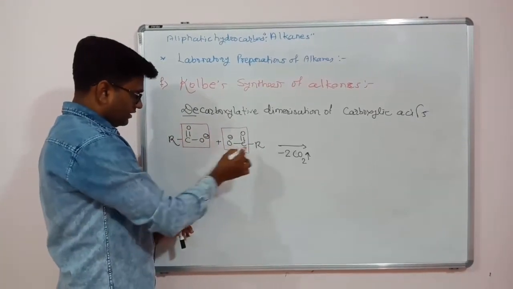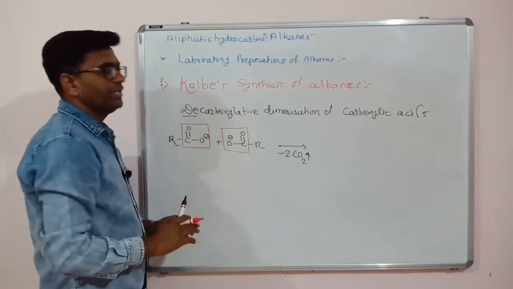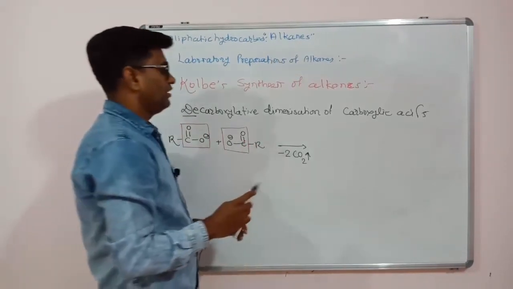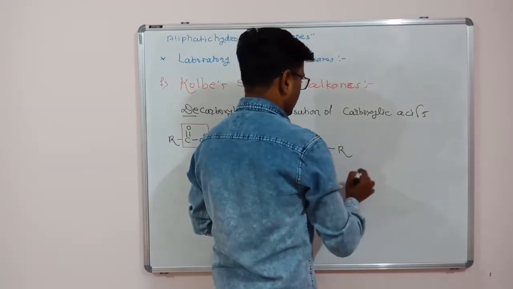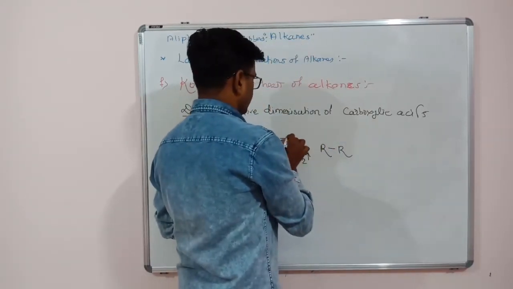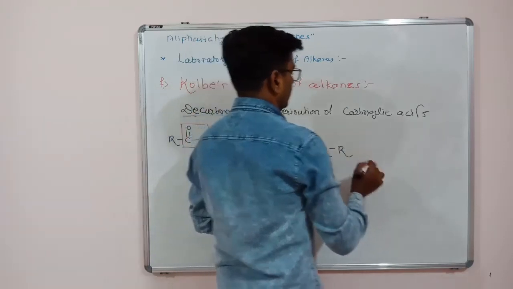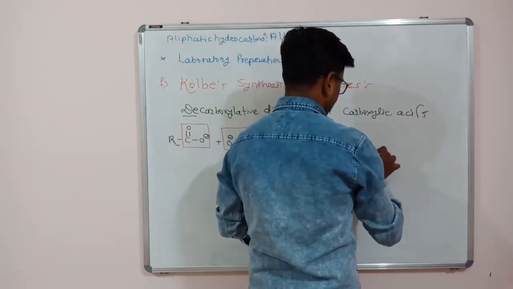So what will happen? This R and this R will get combined to each other and form an alkane. So R forms a bond with this R. There is a release of 2 electrons also, and we will get this alkane.